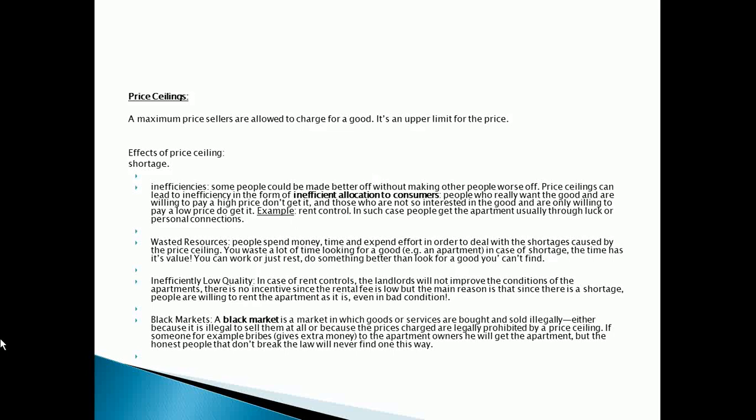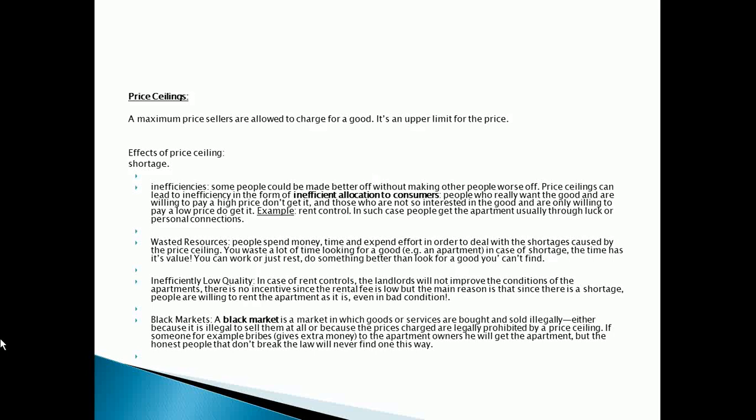By implication, you will see that the red line showing the supply curve is an indication of the quantity that the landlords are ready to make available, and that is A1.